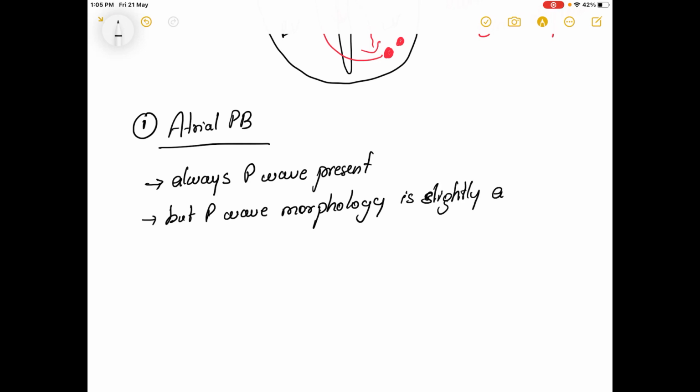This is because the normal P wave is due to SA nodal depolarization. But in premature beat, the P wave is due to atrial depolarization, where an atrial focus acts as a pacemaker. So the P wave morphology is slightly altered.